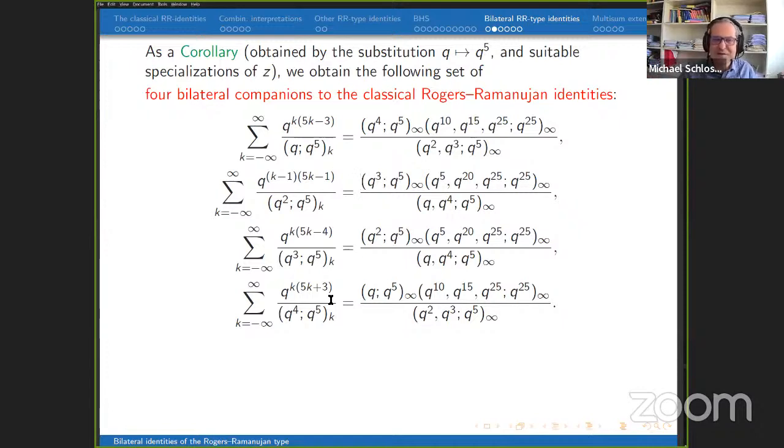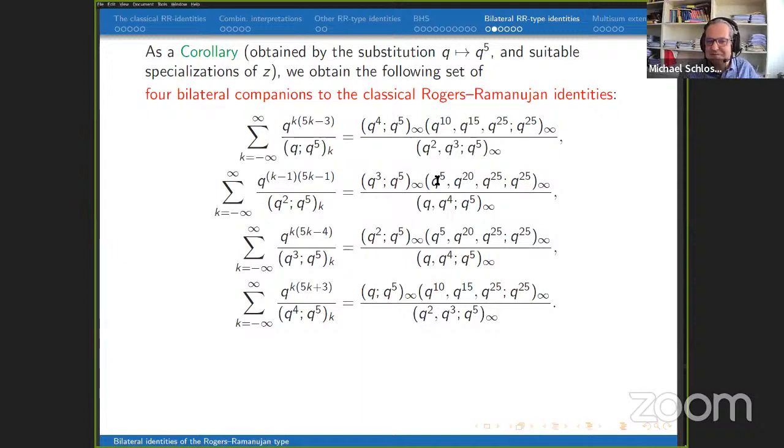Of course, one could ask, what about these identities? And there are some hints that this can be done. Of course, maybe one has to renormalize. Maybe this factor here, for instance q to the 4, should be put on the other side first, and then the right-hand side will be completely q-positive.